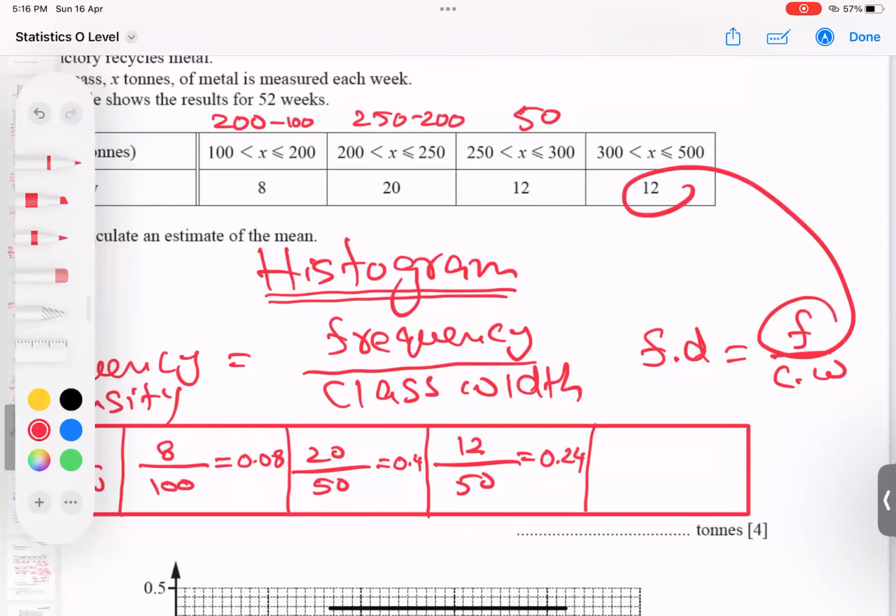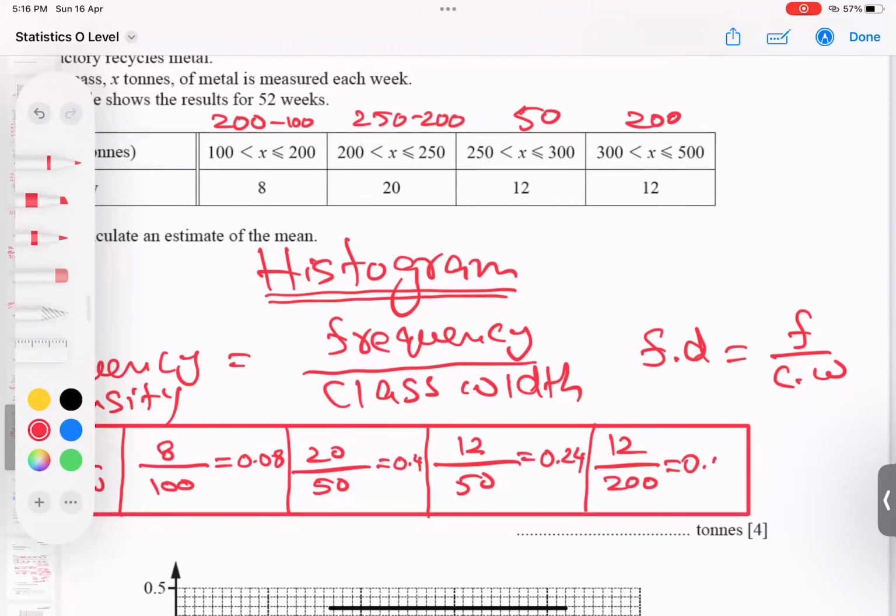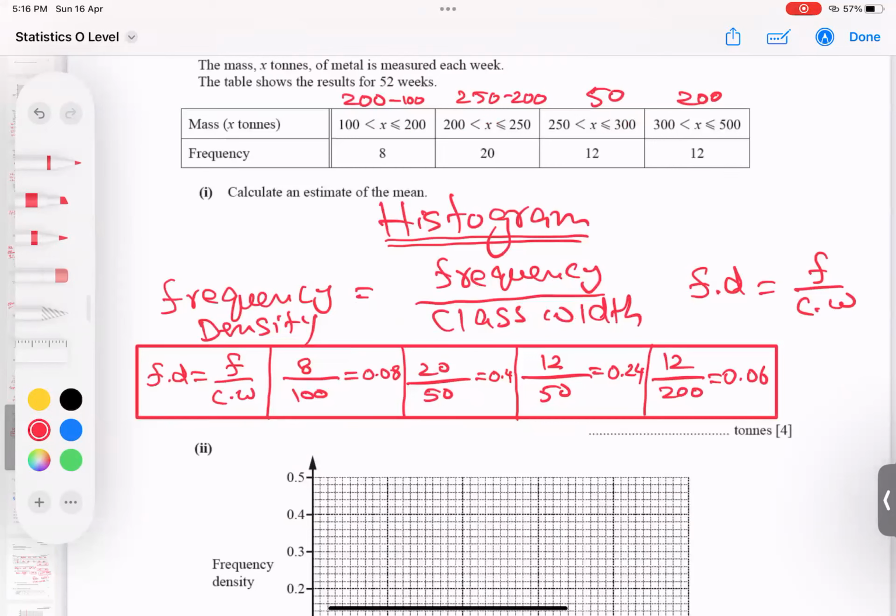Frequency up, class width down. So 500 minus 300, subtract them, I got 200. The difference is 200. No rocket science. Simple answer, 0.06. So now I hope you understood that formula.